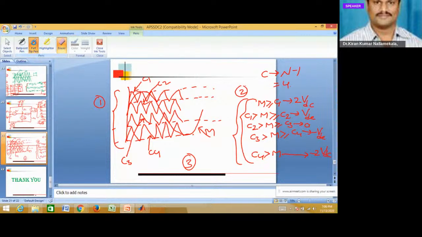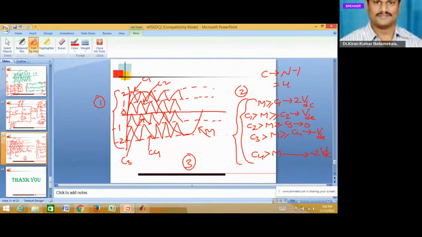The sine wave varies from 0, 1, 2, minus 1, minus 2. Anything is okay. You can vary the sine wave from 0 to 1 or 0 to 2. If you vary that sine wave, you have to vary the magnitudes of the triangular waves also proportionally.